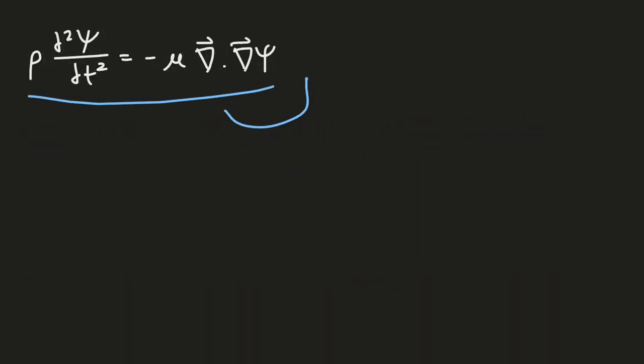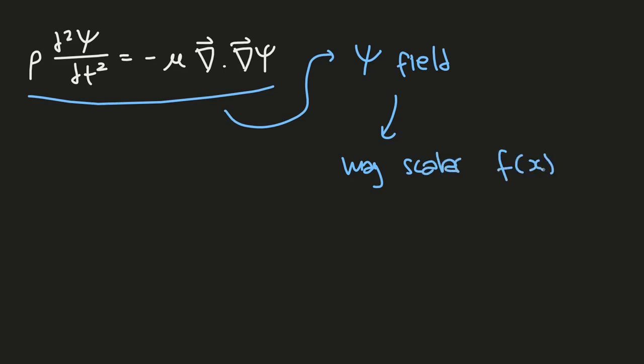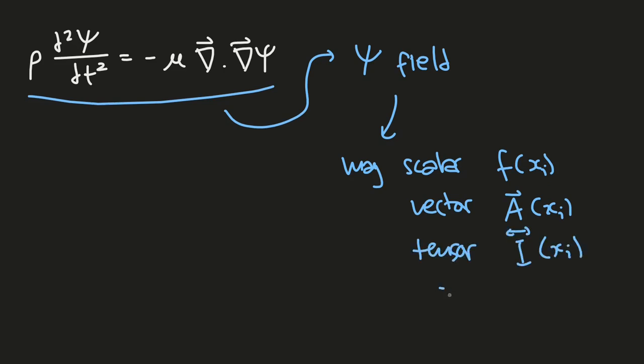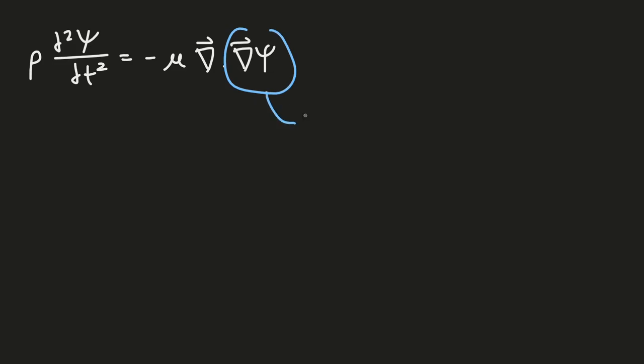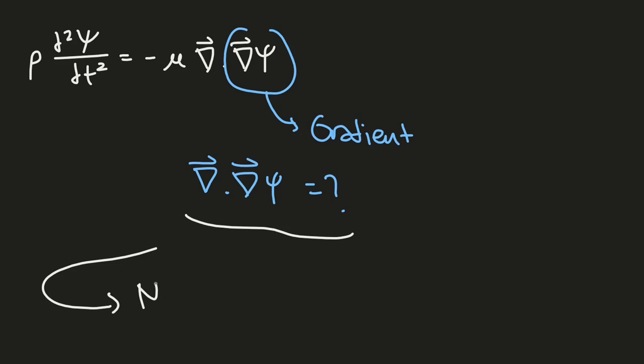In this equation, we have found that C here is what we know as a field, which may be a scalar like f of x, or a vector like a vector of x, or a tensor like I double arrow, and etc. And notice that in this partial differential equation, nabla C is the gradient, but what about nabla dot nabla C? I will keep this for the next video.